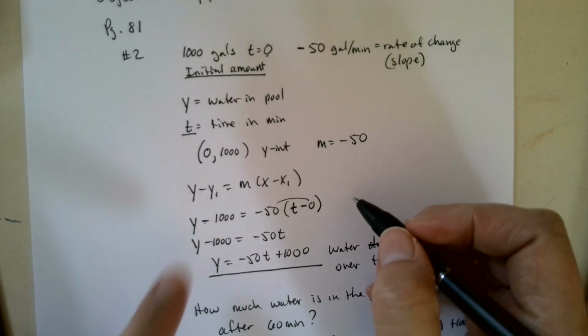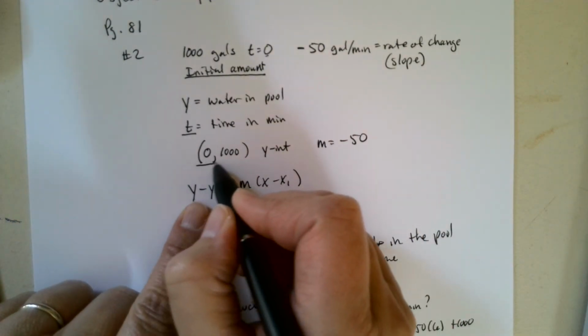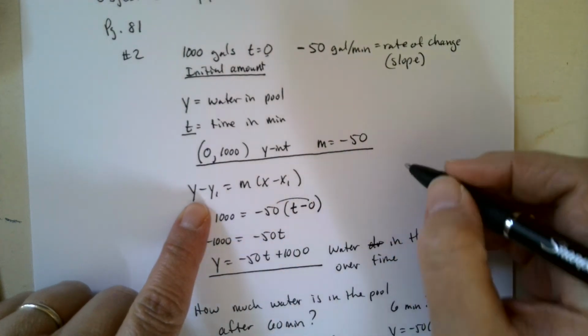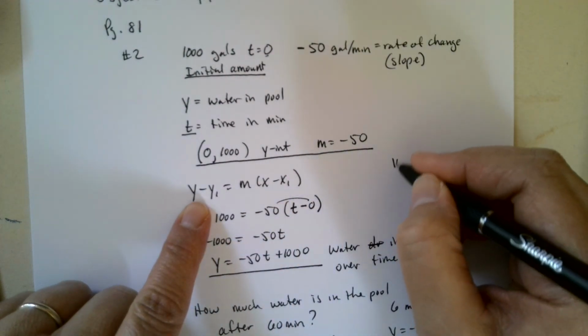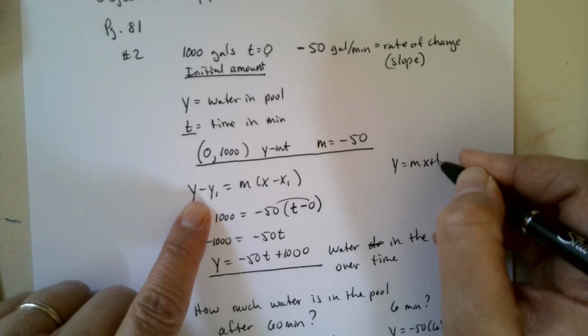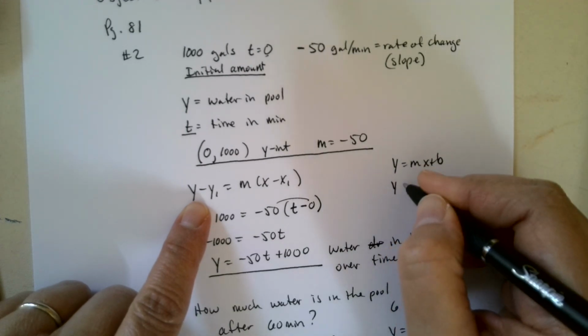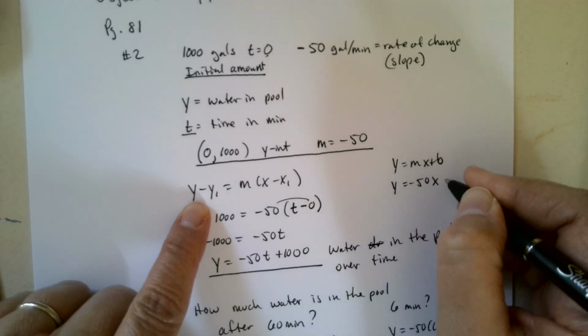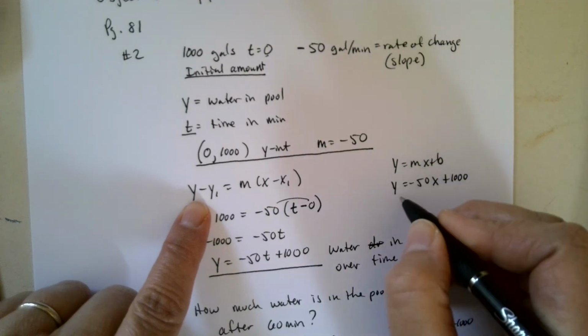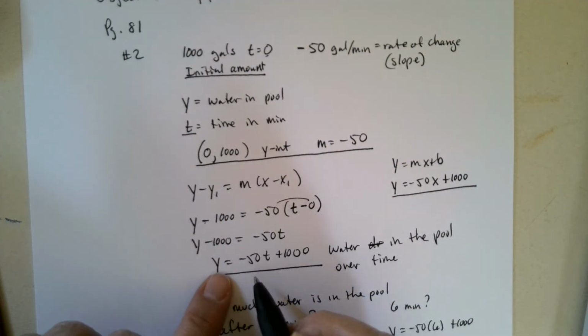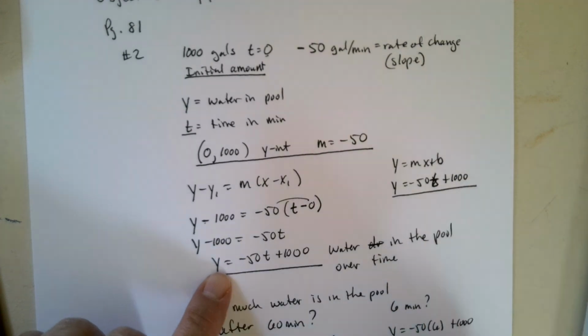Now, one more thing I want to talk about up here: if you know the slope and the y-intercept, you can use the slope-intercept form of the equation, and we could have just plugged directly in, but I wanted to make the connection back to what we had talked about yesterday.